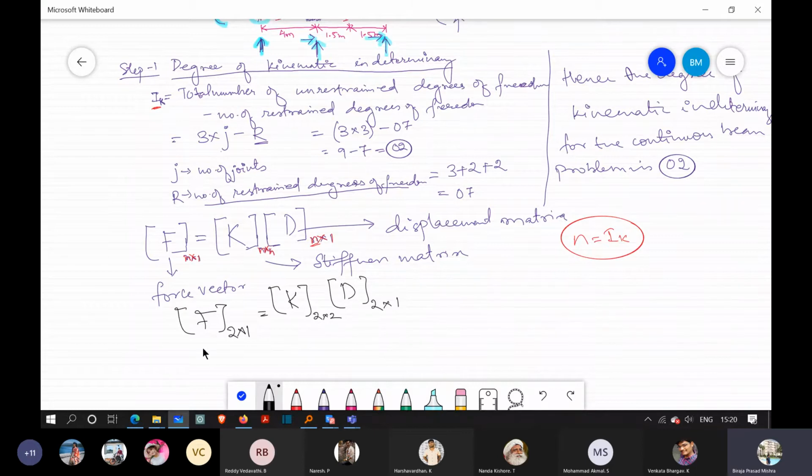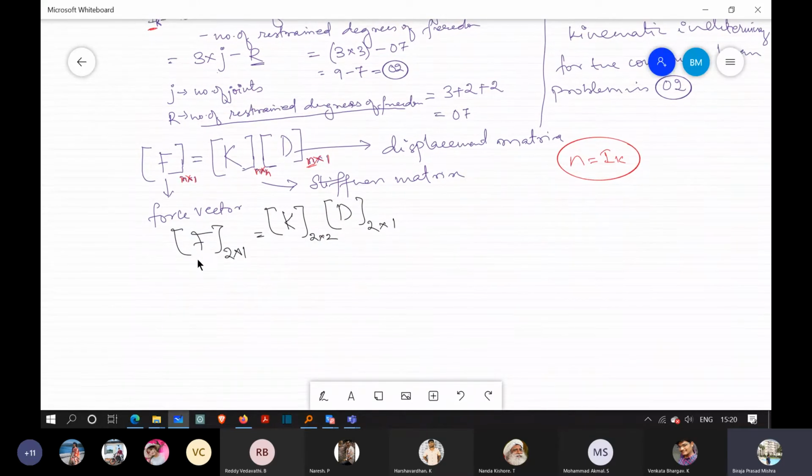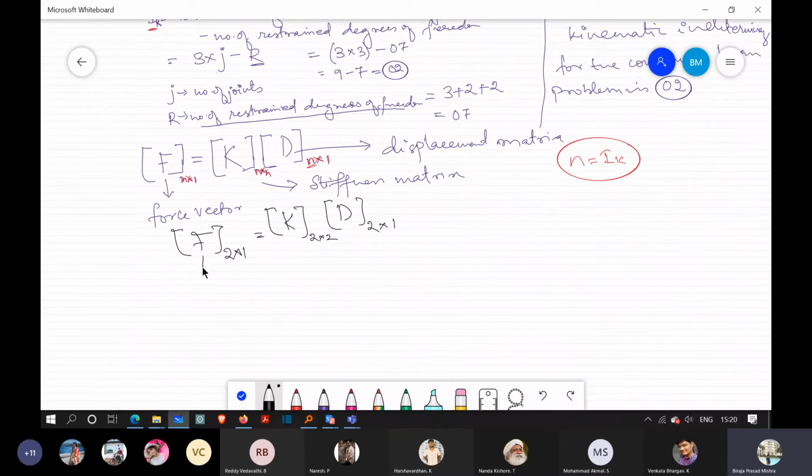Okay, now further, this F matrix will be Fi minus Fl. Now what is this Fi? Fi equals the internal forces or the direct movements.